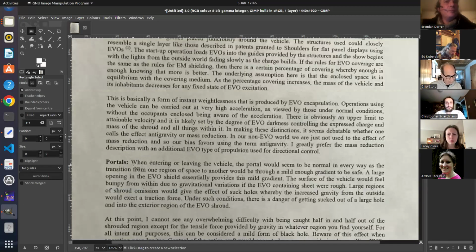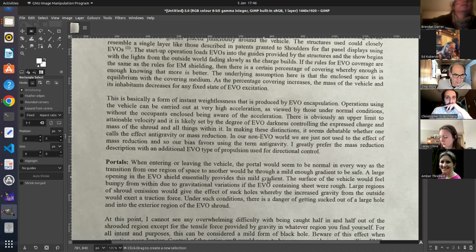Portals. When entering or leaving the vehicle, the portal would seem to be normal in every way, as the transition from one region of space to another would be through a mild enough gradient to be safe. A large opening in the EVO shield essentially provides this mild gradient.